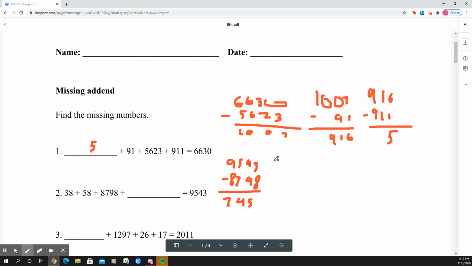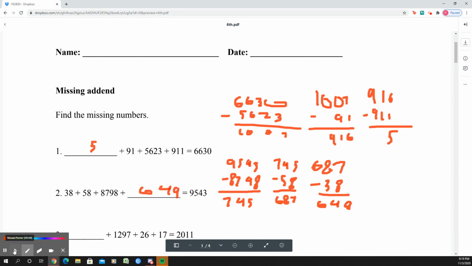Okay, so you take 745 and you subtract 58, and you get 687. And then you take 687 and you subtract 48. Okay, so then after that you get 649, which would be our answer.